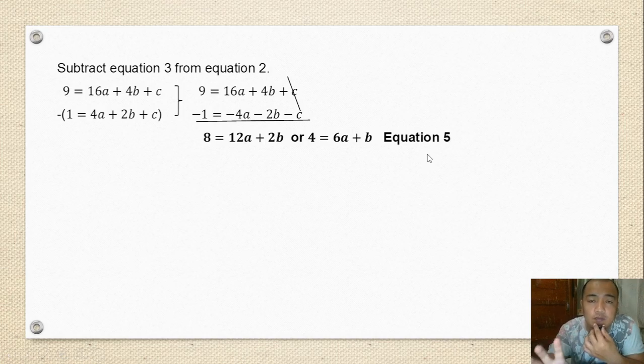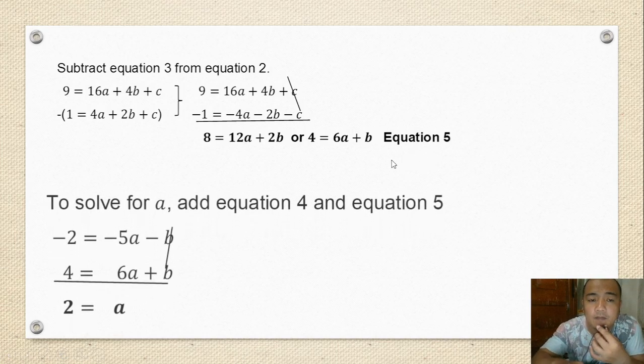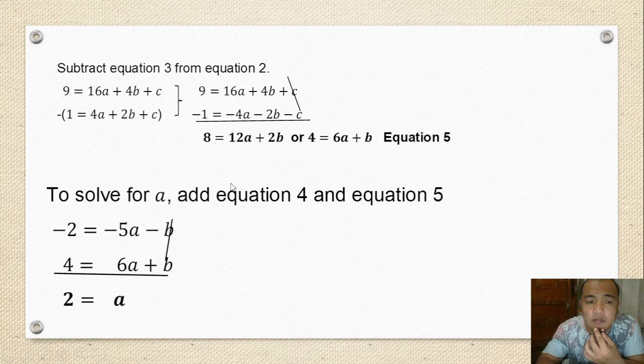So getting equation 4 and 5, this time we will add equation 4 and equation 5 because we can eliminate b right away. Then negative 2 plus 4 is 2, negative 5a plus 6a is a. Therefore, we have already solved the value of a.